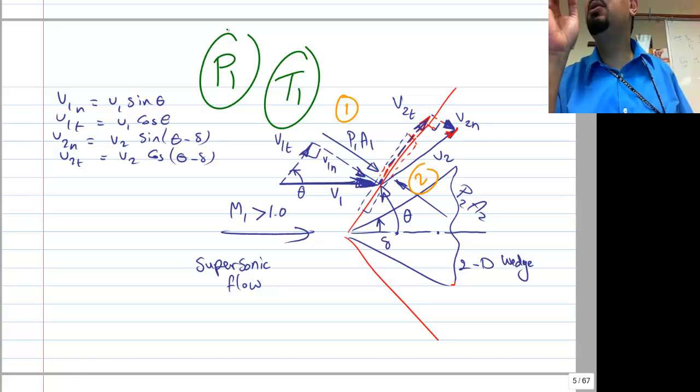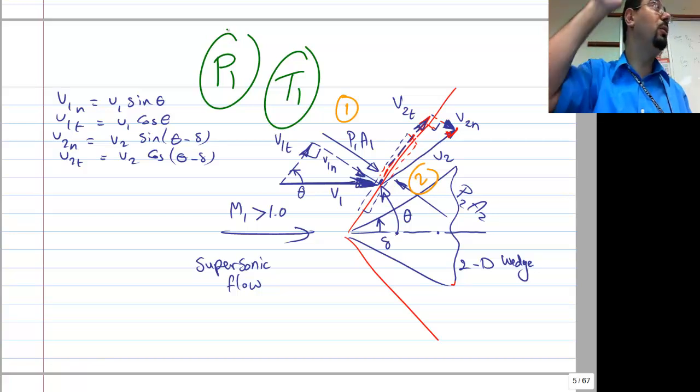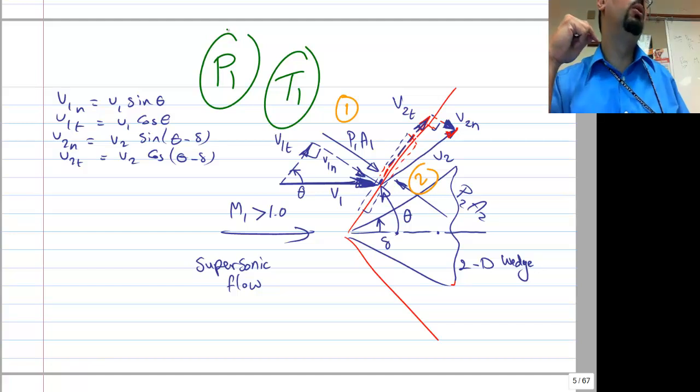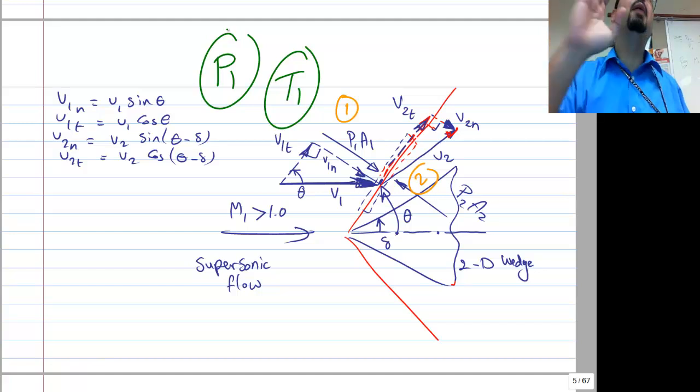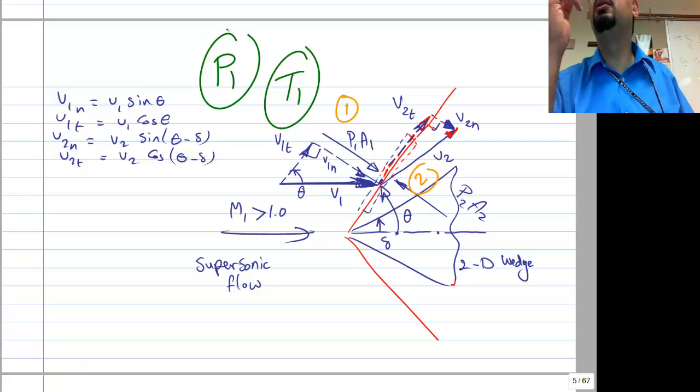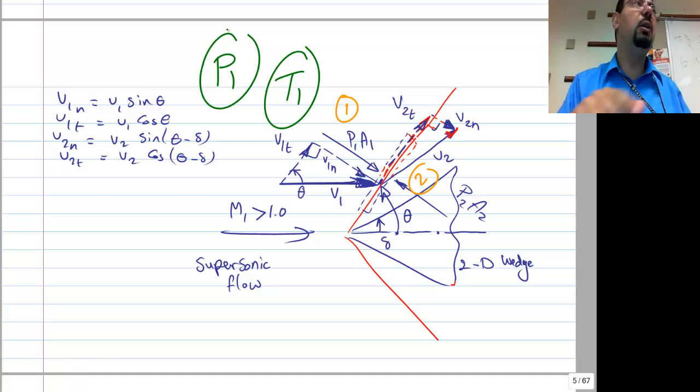Again, this will hold only until you get your bachelor's degree. Once you go to grad school, you realize that the pressure actually can be different on the ceiling and on the wall. It will happen in a very weird situation. That's not the normal case, but you can do that. But for us, there is only P1 and only T1, and the same thing after.